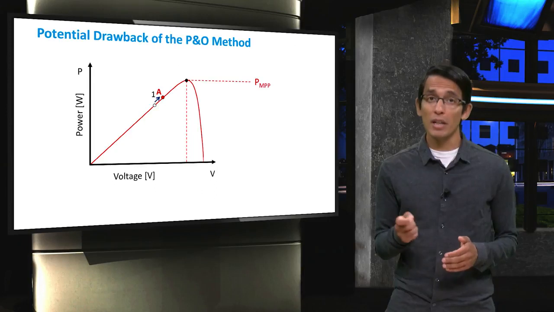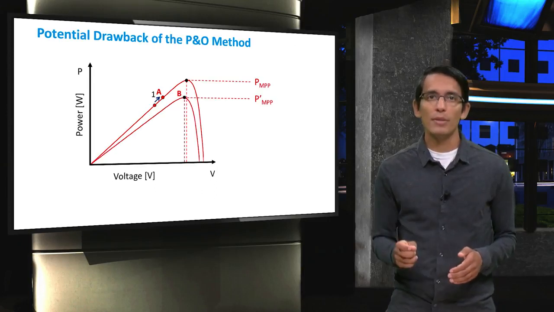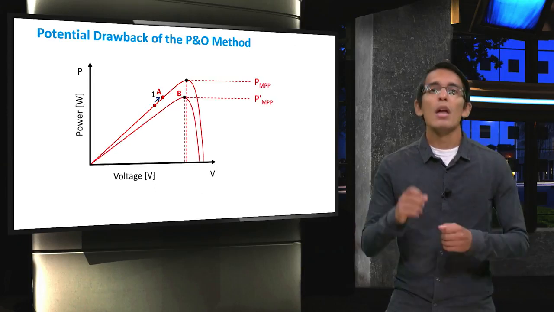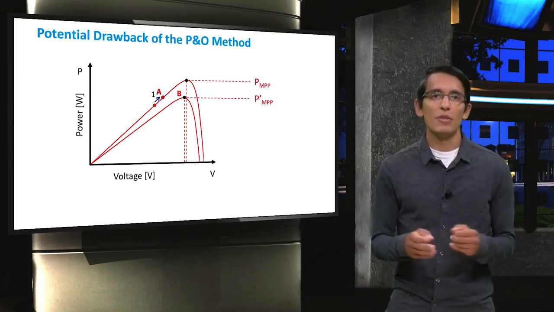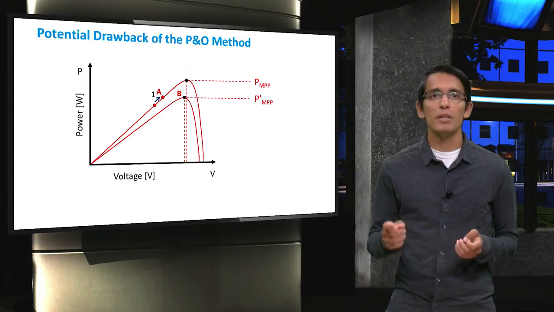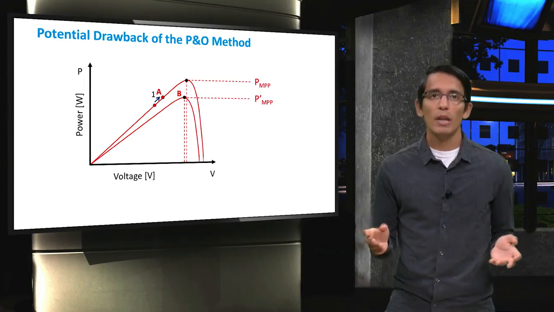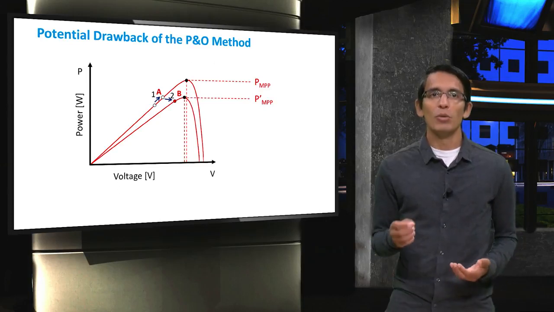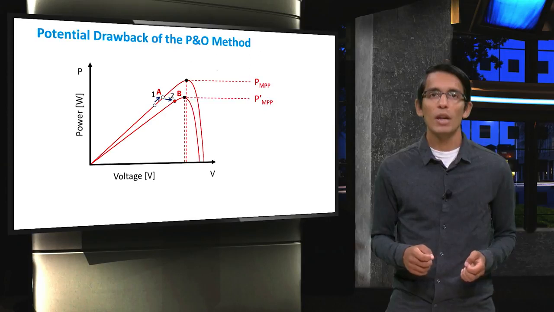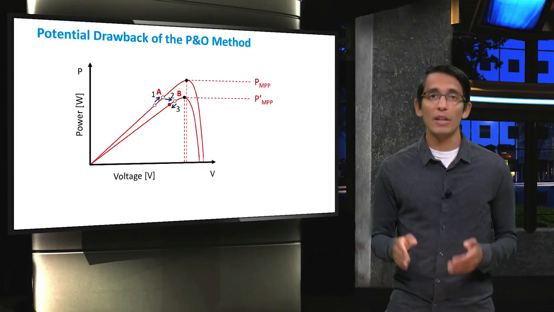Then, before the next perturbation, the irradiance drops due to light cloud cover. Now, the PV curve has changed. However, the system has no knowledge of this, so it would make a positive voltage move just as normal and records a drop in power. Naturally, the system will now assume that the maximum power point is to the left of the current voltage, and so it will move in that direction.